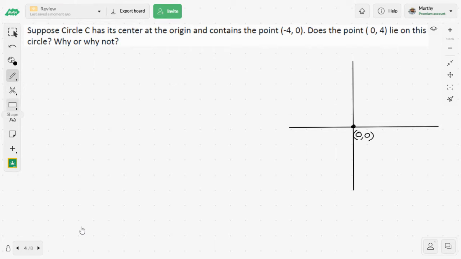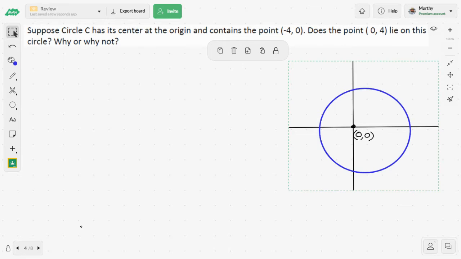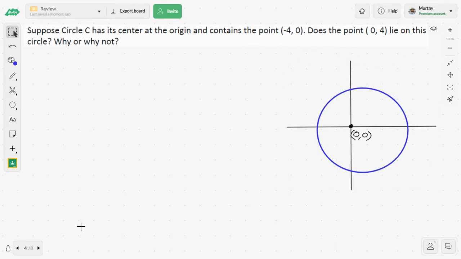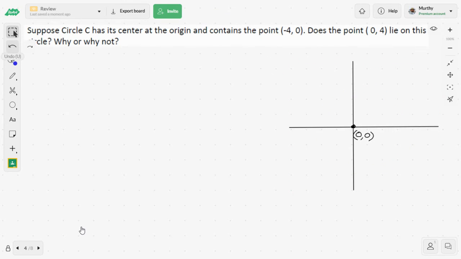And next, I see that there's a circle. So let me draw a circle. Let me copy the circle properly so that the center is the origin.